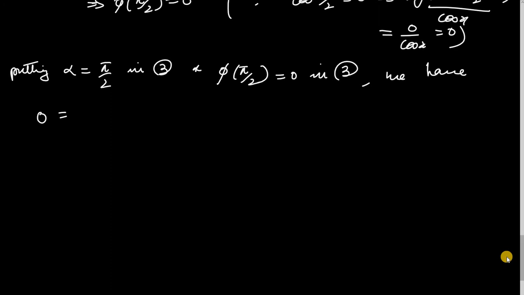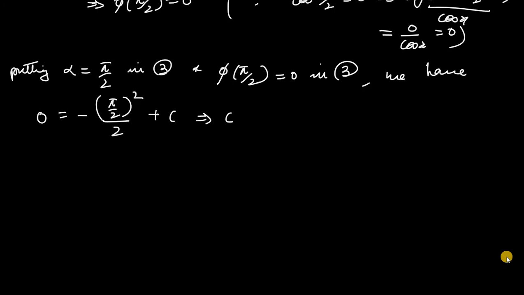So it will be minus pi by 2 the whole square divided by 2 plus c, which implies that c is equal to pi square by 8. You will have here the value of c is equal to pi square by 8.